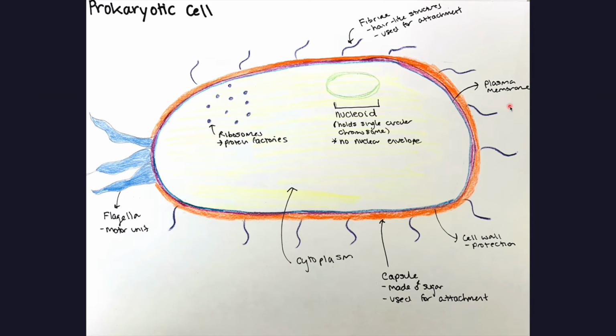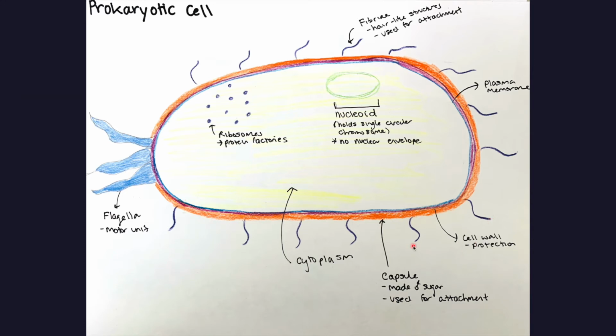Let's look at a diagram of the prokaryotic cell. As you can see, it has a plasma membrane, cytoplasm, and genetic material held in the nucleoid region. The genetic material is organized as a single circular chromosome. Surrounding the plasma membrane is the cell wall, which adds extra protection.